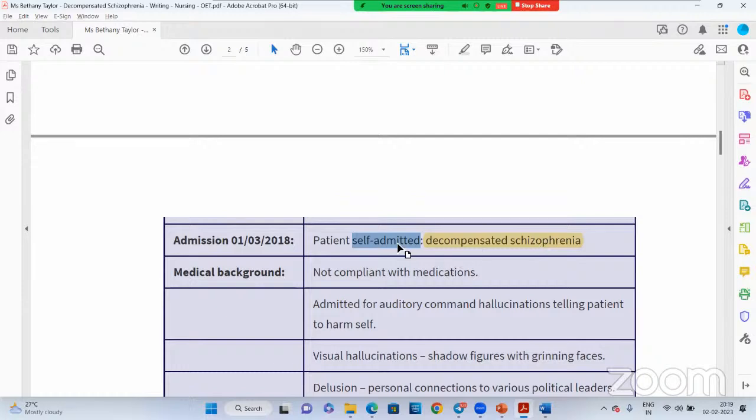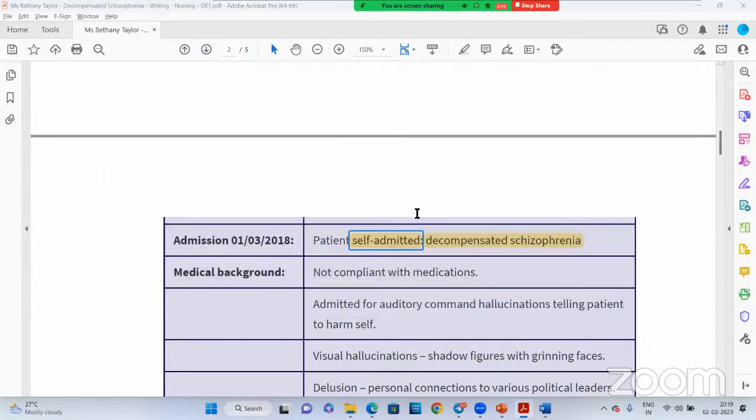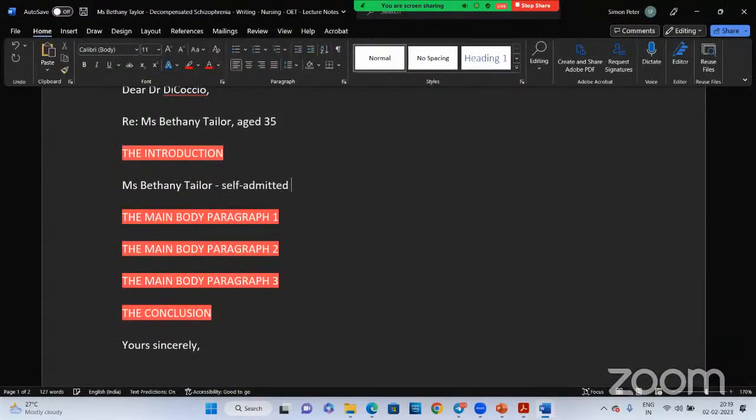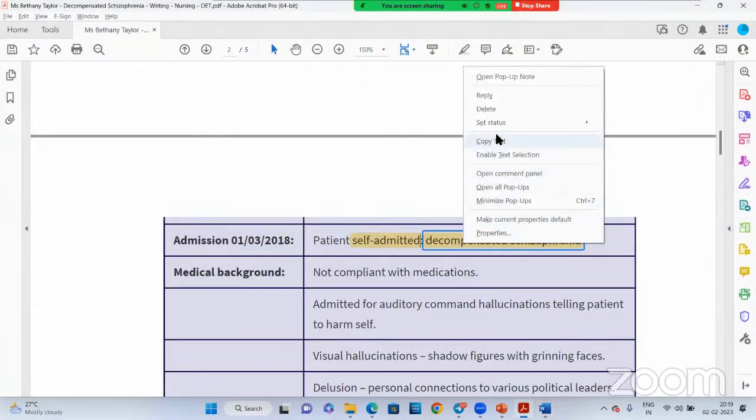So self-admitted is one point. Next one is decompensated schizophrenia.